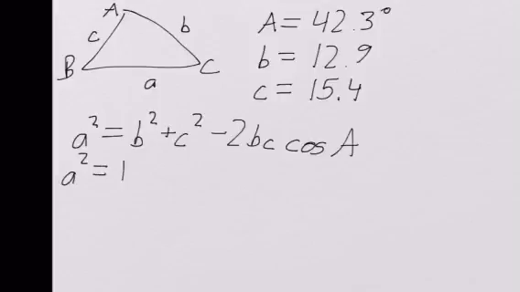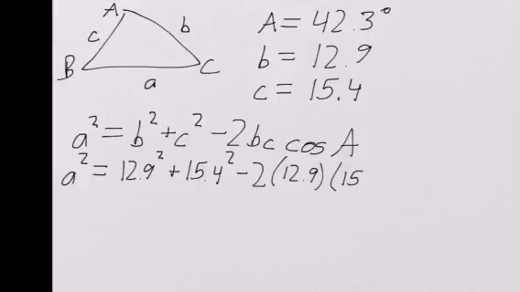Get a squared is equal to 12.9 squared plus 15.4 squared minus 2 times 12.9 times 15.4 times the cosine of 42.3 degrees.